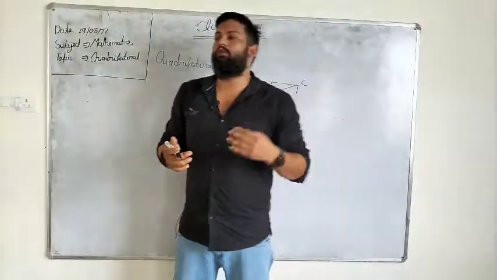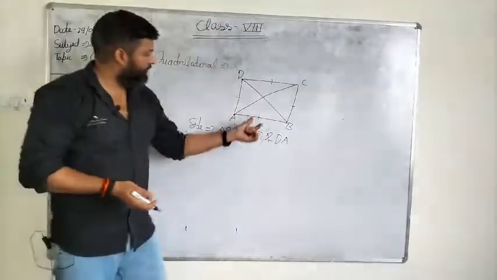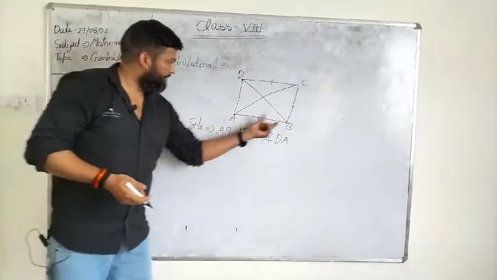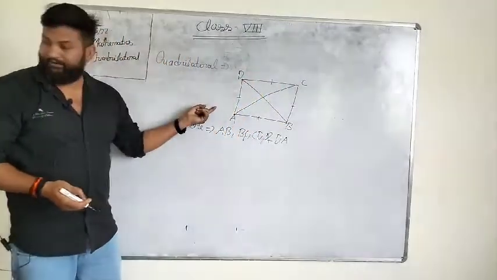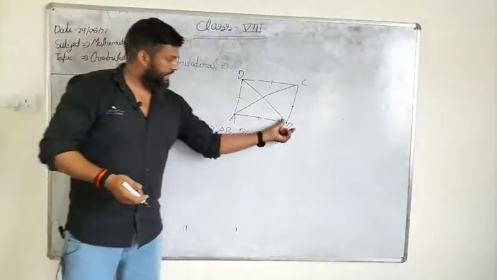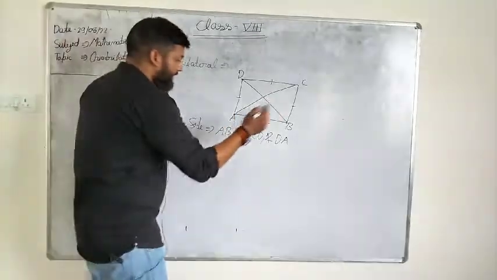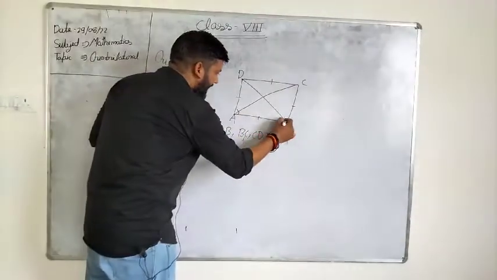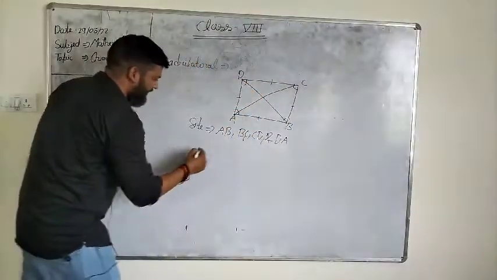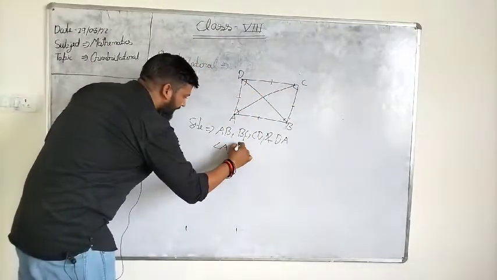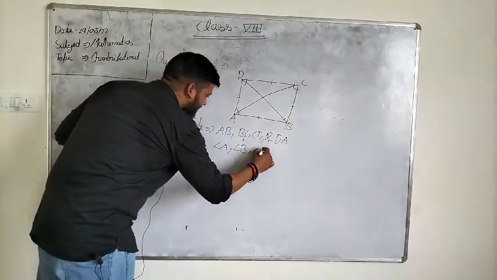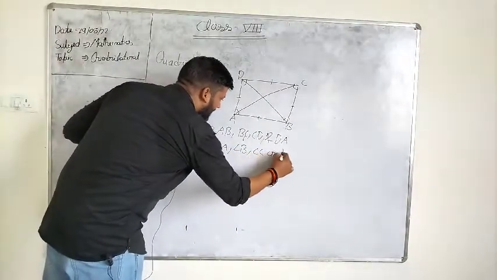A simple closed figure that has four sides AB, BC, CD and DA, four vertices A, B, C, D, and four angles: angle A, angle B, angle C and angle D.